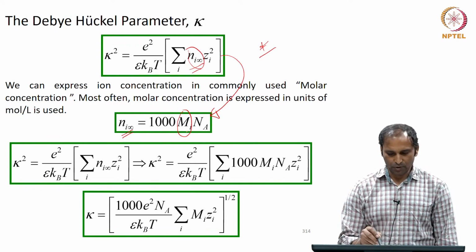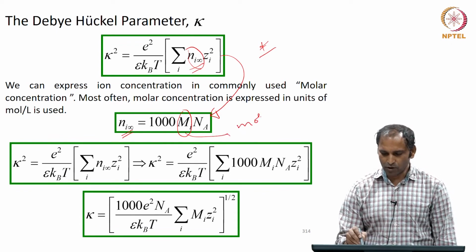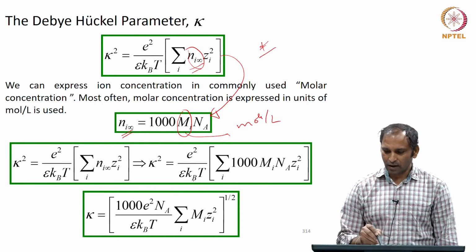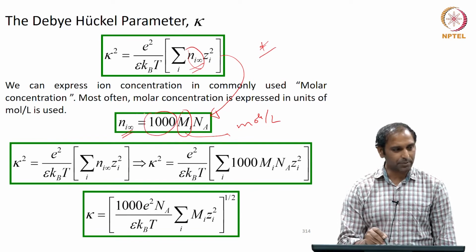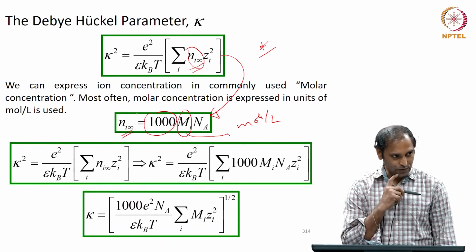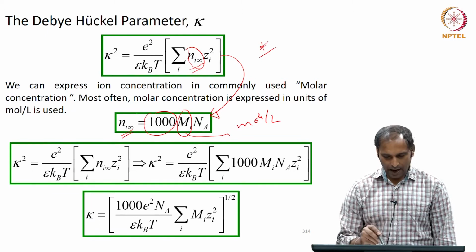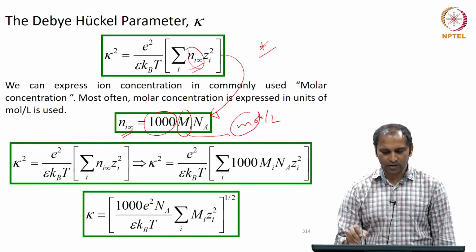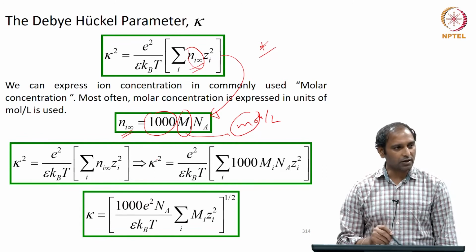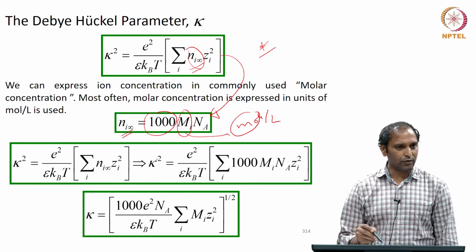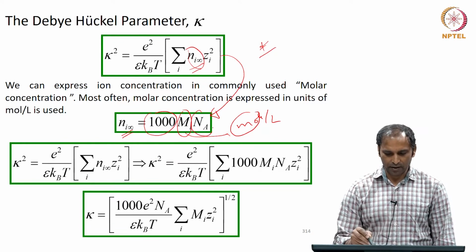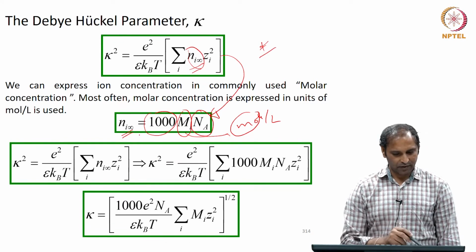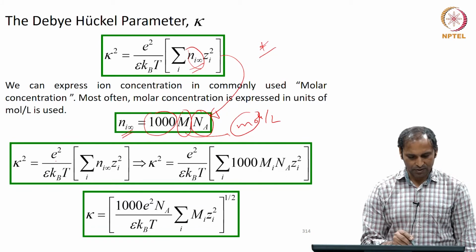Molarity has units of moles per liter, and because I want to convert that into moles per meter cube, I multiply by 1000. Because I have moles, I would like to convert that into the number of ions, therefore I multiply by the Avogadro number.